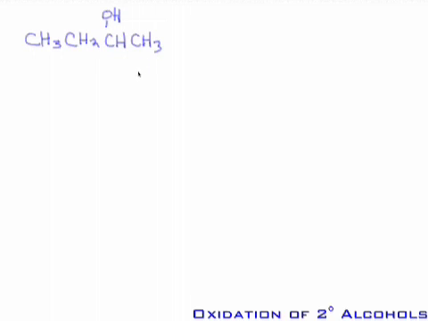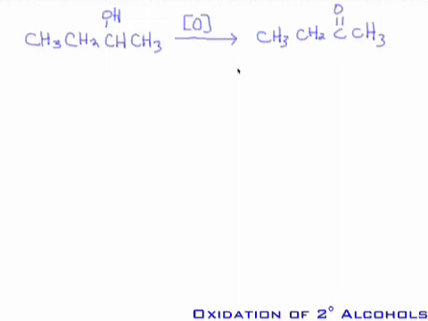Also, you have to be able to generate a C double bond O. If it was a tertiary carbon, if we had another carbon here, you couldn't make a C double bond O because you'd have too many bonds to carbon. So secondary alcohols are perfectly set up to make a C double bond O, and that C double bond O will be in the middle of a chain generating a ketone. Now, when this happens, the oxidizing agent gives us a C double bond O.